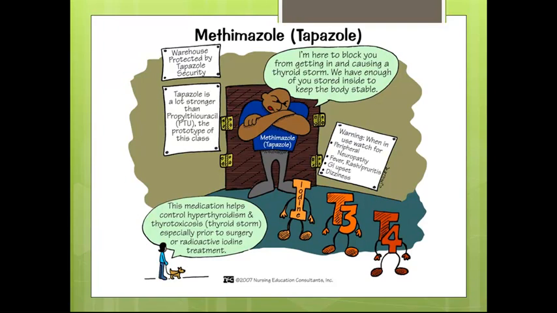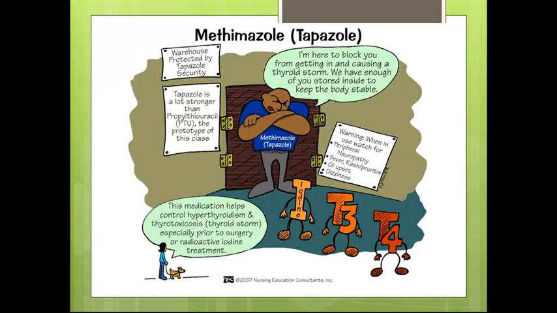Methimazole or Tapazole is the common, most effective drug used for hyperthyroidism. It blocks thyroid storms. Thyroid storm is a thyrotoxic crisis, is acute and life-threatening, and usually causes a hypermetabolic state from the excessive release of thyroid hormones.